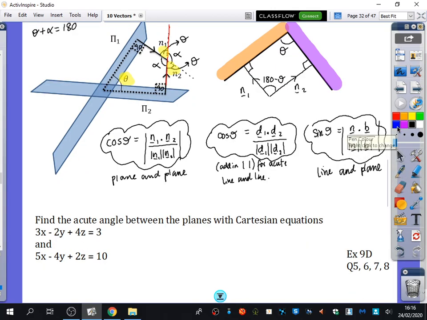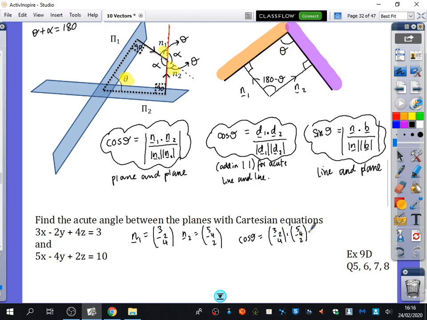What is the value of n1? 3, minus 2, 4. Good. The value of n2? 5, minus 4, 2. Do I have to do this bit? No. I'm going to do it quick. So cos theta is (3, minus 2, 4) dotted with (5, minus 4, 2).